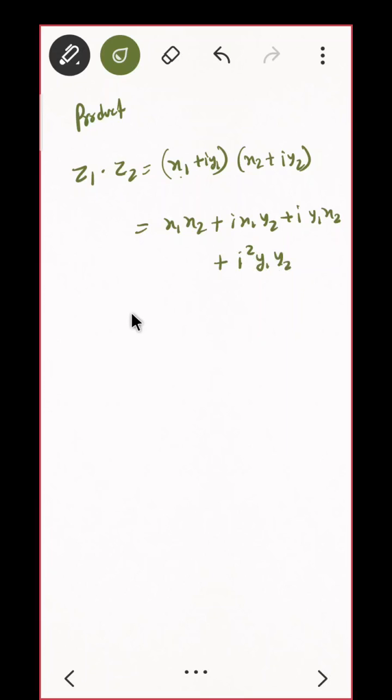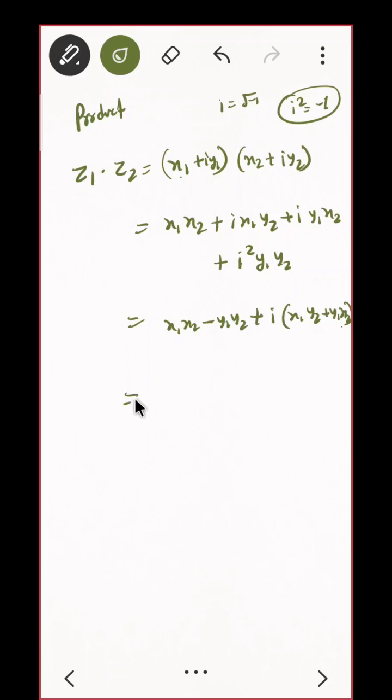So now what is your i square? You already know your i is root of -1, so i square will be -1. So if you put it here, take real parts together, so this will be x1 x2 minus y1 y2 plus i times, take the bracket, it will be x1 y2 plus y1 x2.